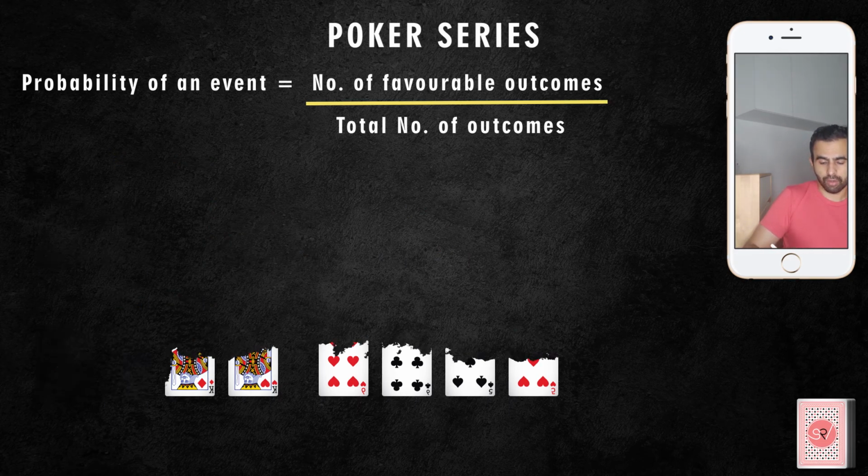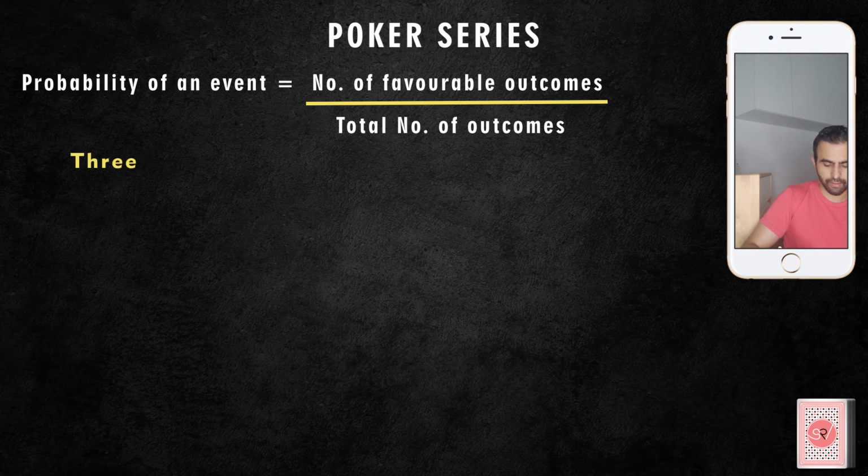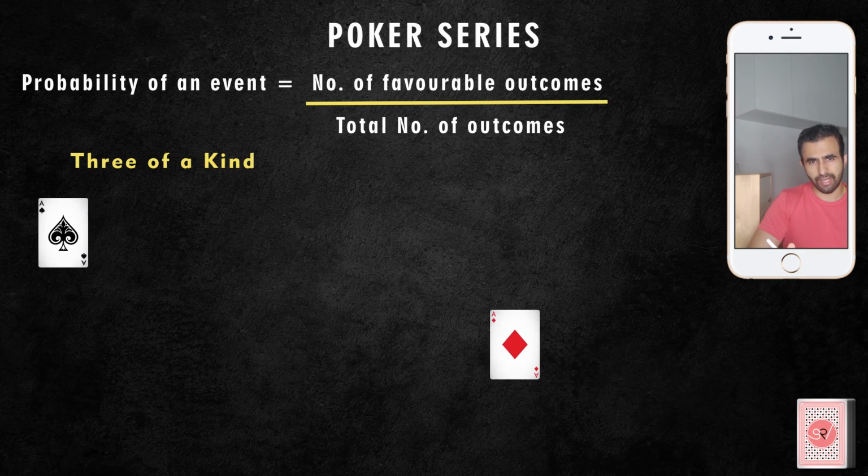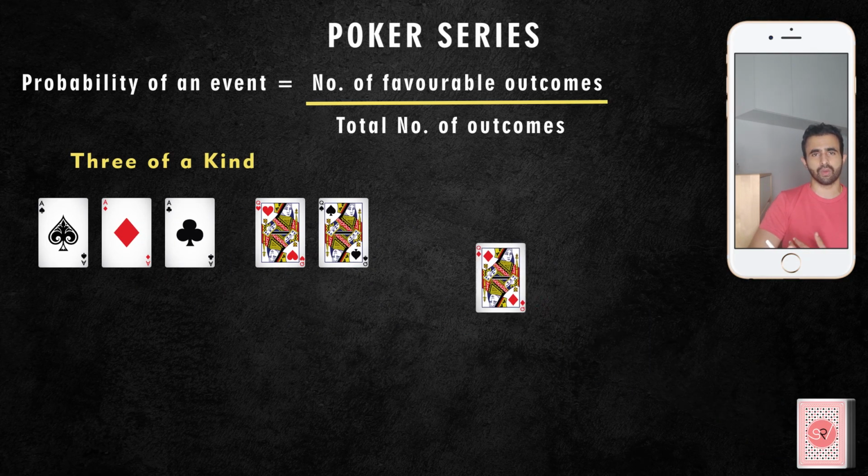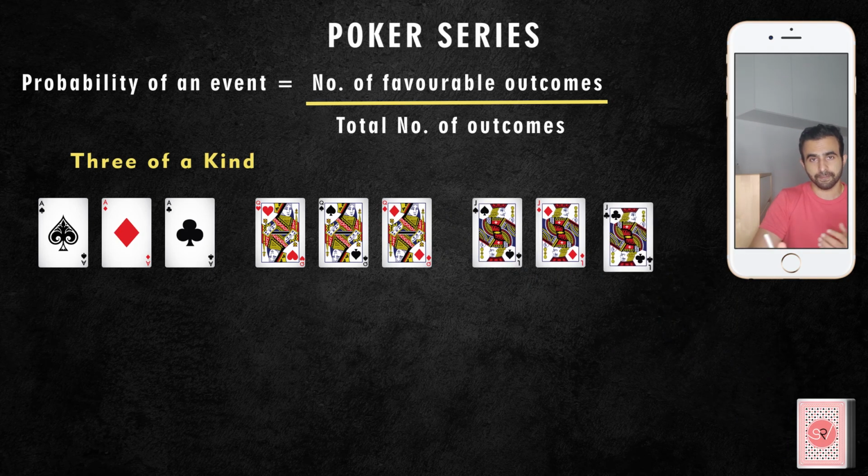Okay, next let's talk about three of a kind, right? Again, a very easy thing to remember because you have three of one kind. One kind means one rank. So you can have three aces, three queens, three jacks, right? And the other two cards can be random. So three cards have to be of the same rank, and then the last two cards can be random.